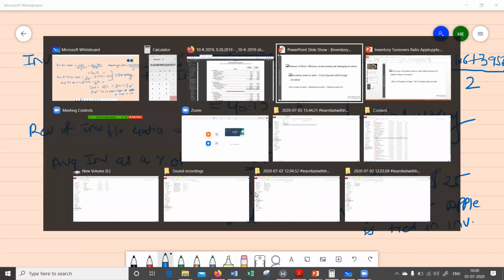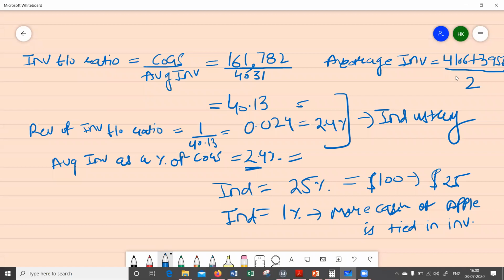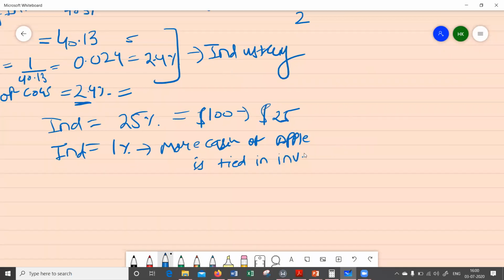There's another ratio which is quite related to the inventory turnover ratio, which is called the days of inventory on hand. This ratio also measures the same thing. It measures the number of days of inventory. And the formula to calculate it is 365 divided by inventory turnover ratio. So in case of Apple, the inventory turnover ratio, if you remember, is 40.13.